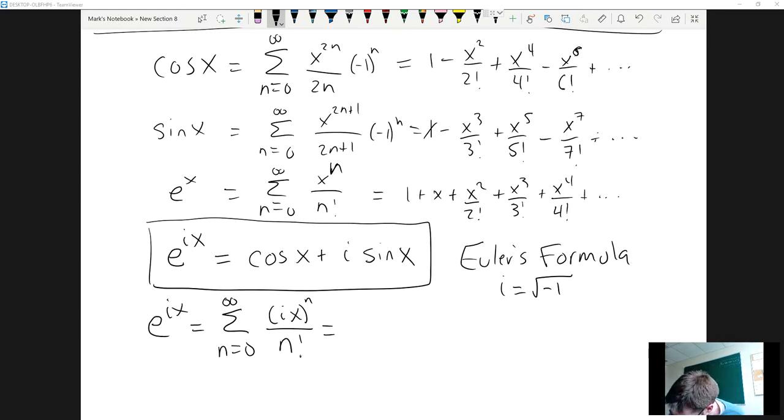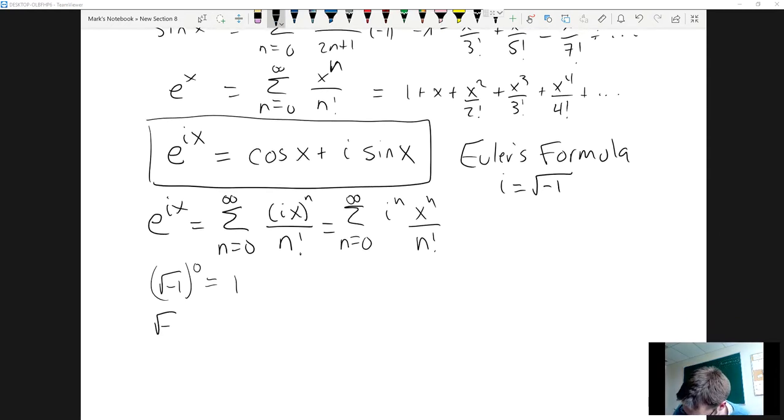all right, let's simplify that just a little bit. So we have i to the n times x to the n over n factorial. And what is i to the n? Well, if you take the square root of -1 to the 0, that should just be 1, right? Anything to the 0 is just 1. If you take the square root of -1 to the 1, you get i, right?